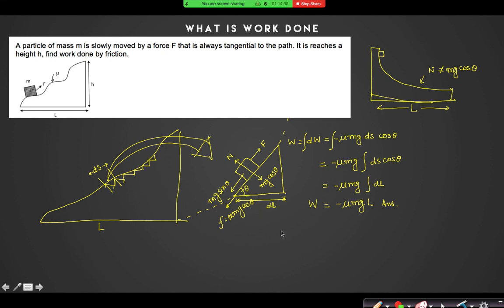So this is a very important condition before applying this concept: it is applicable only when N equals mg cos theta.